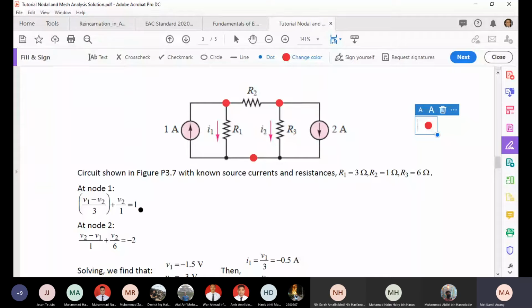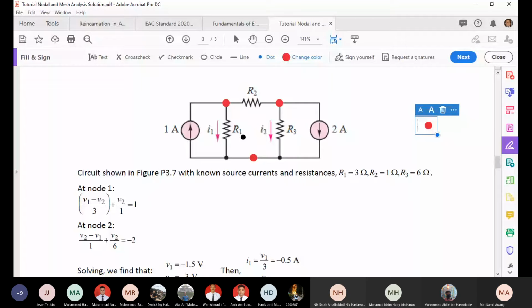So node 1, let me see which one is indicated as node 1. V2 over 1. I think the sign is different, R1, R2, R3.